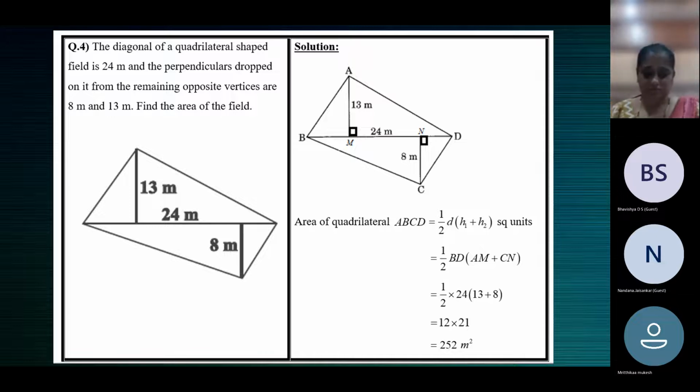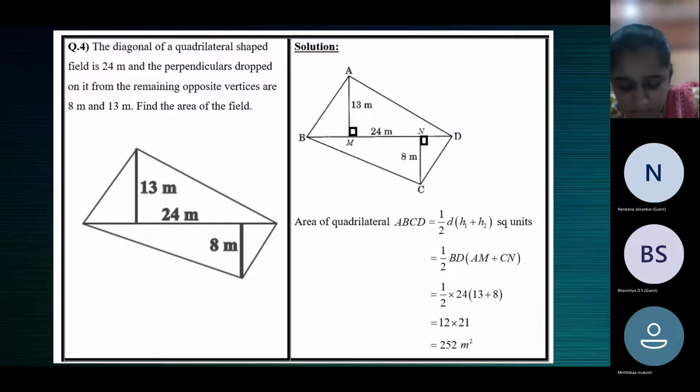Done, children? So tell me, name the quadrilateral. What is the name of the quadrilateral here?